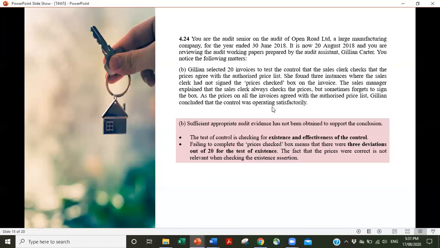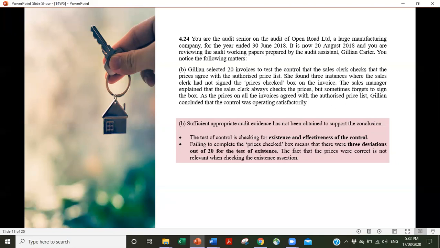Now, again, this control tested the effectiveness, but it was 3 out of 20. And just because the price was correct didn't mean that it actually existed.